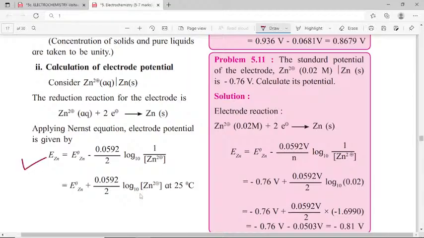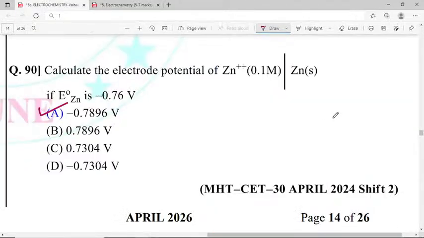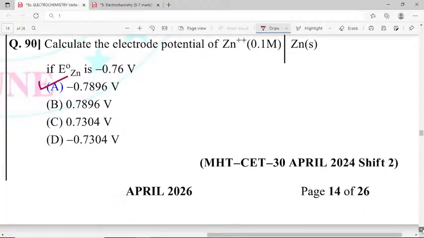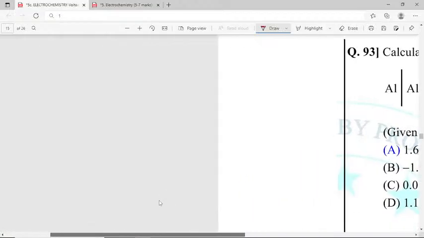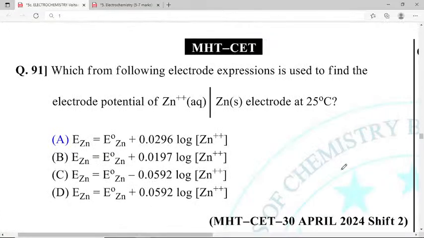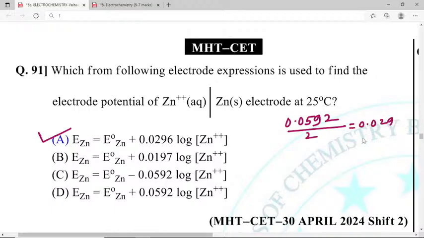Okay, which of the following expressions is used to find the electrode potential? E zinc is equal to E naught, and this value came as 0.0592 divided by 2, that is 0.0296. Okay.